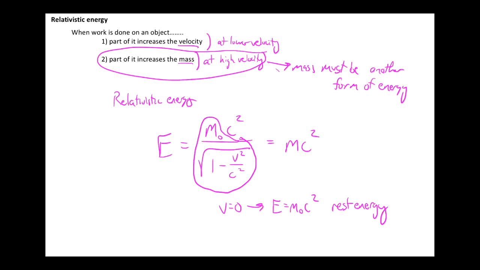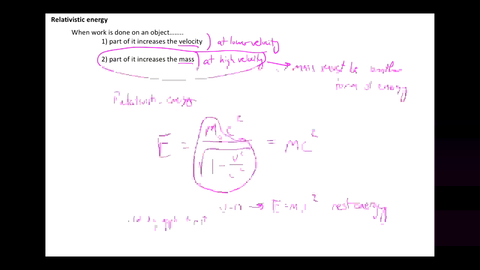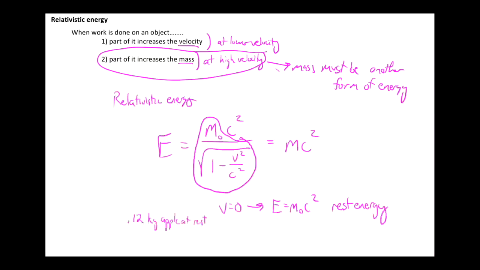If we do this calculation on a 0.12 kilogram apple at rest, and of course if it's moving, it's got even more energy, this would be equal to 1.1 times 10 to the 16 joules of energy, which would be enough to power the United States for 1 hour.